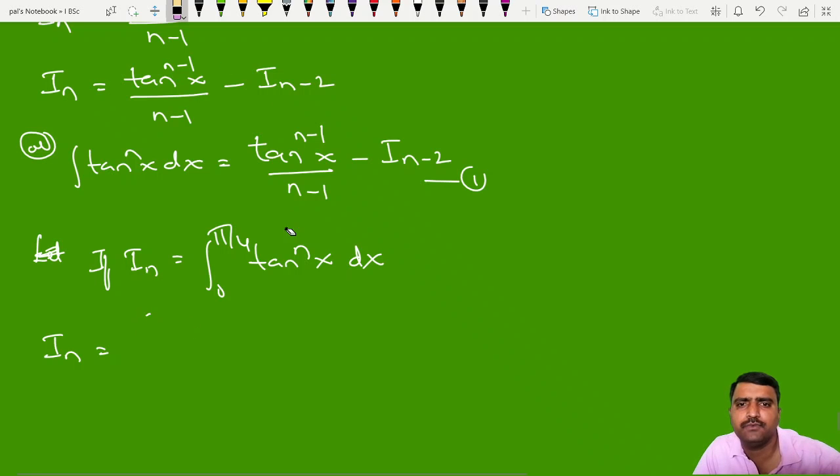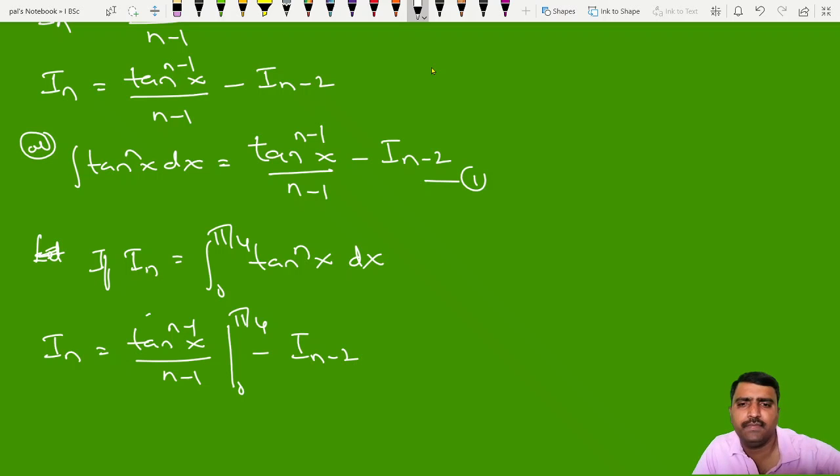What is the value of integration of tan to the power n x? This is the value, you take this directly here. So it is tan to the power n minus 1 x by n minus 1 with the limit 0 to pi by 4, minus I_{n-2}, which is the integration from 0 to pi by 4; or you can write it as I_{n-2} as it is.